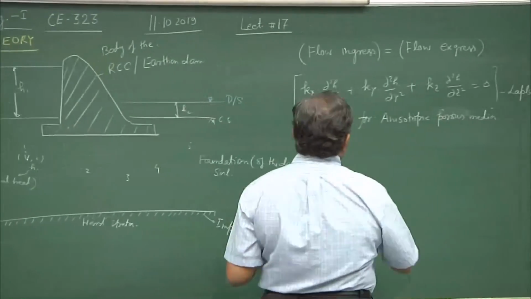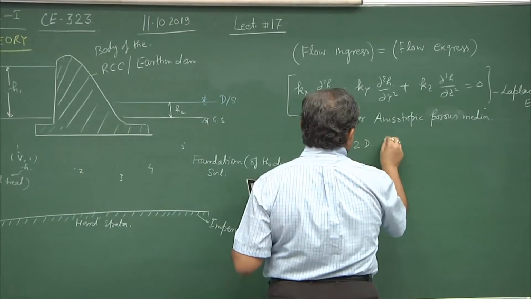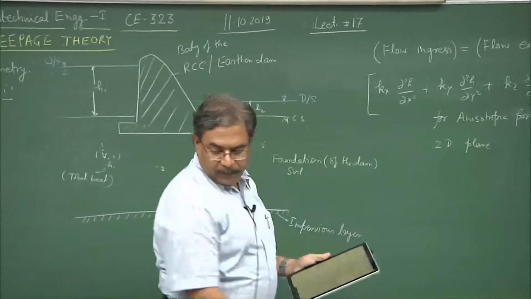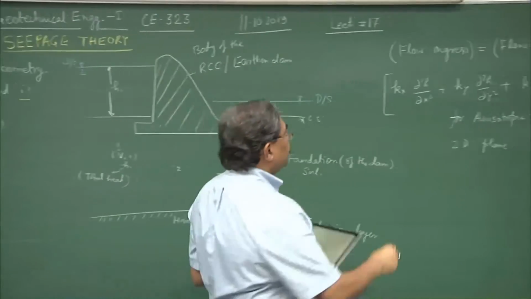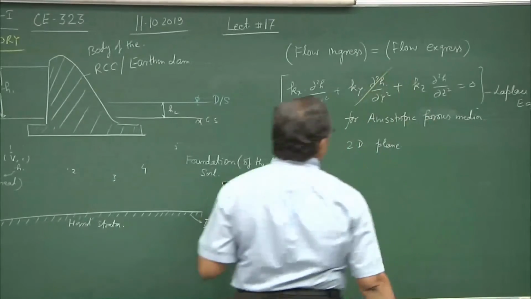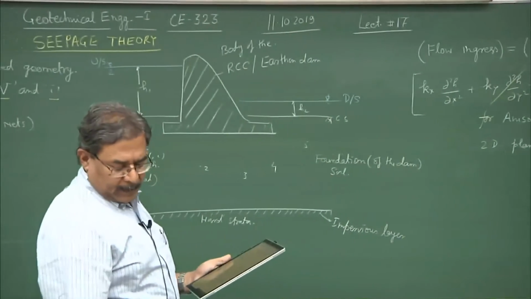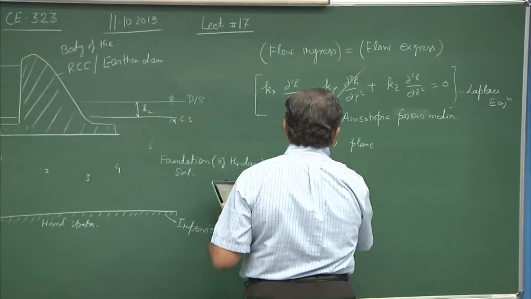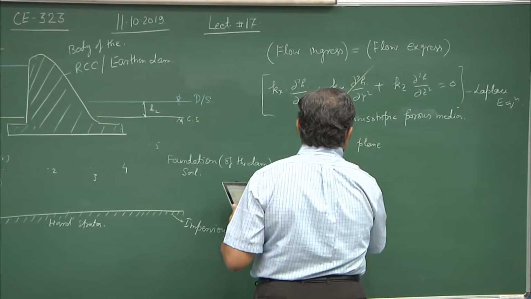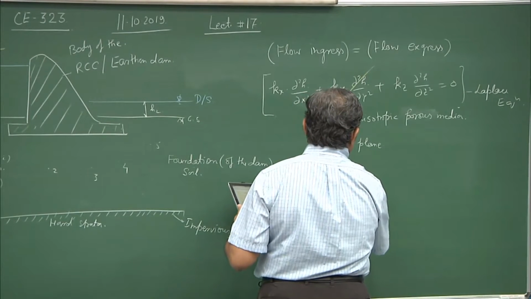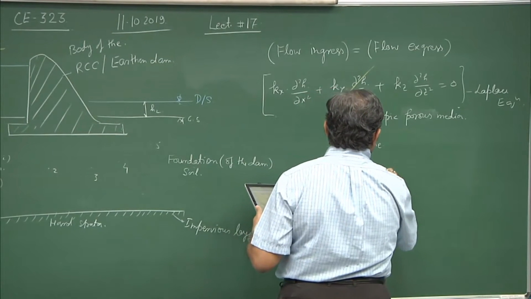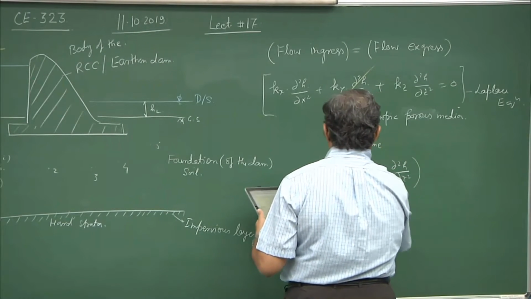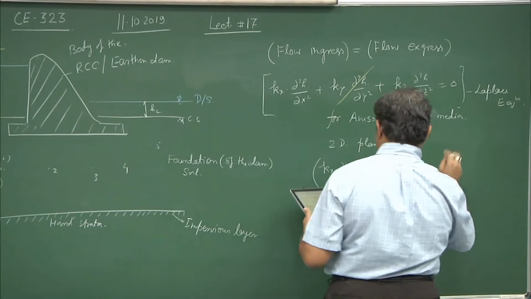If I am talking about a two-dimensional plane, y can be eliminated and this becomes, we can eliminate this or we can assume this to be 0, and hence we have k x del square h upon del x square plus k z del square h upon del z square equal to 0.